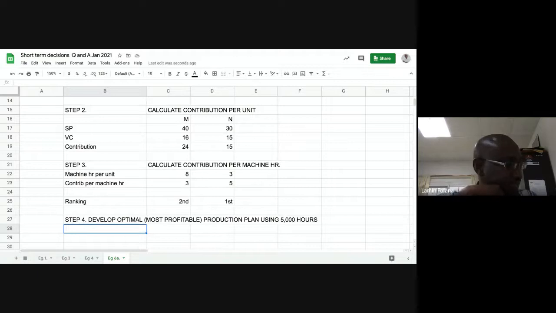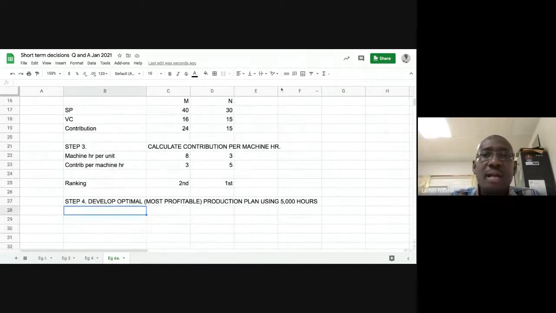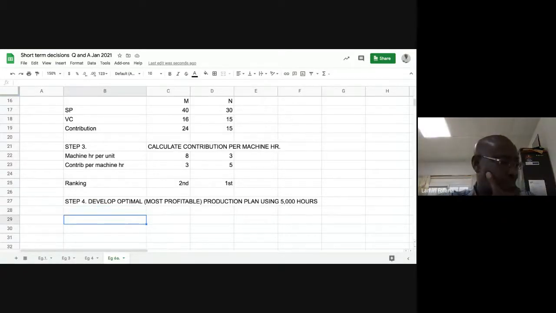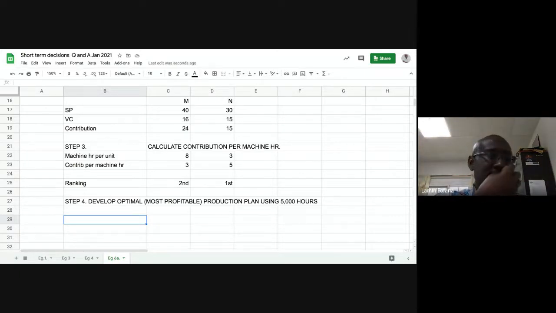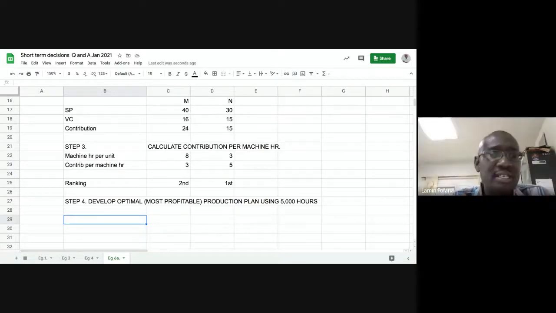Okay? Right. So we're going to do that together with our profitability. We're going to add step 4 and step 5 together. We do it in tabular form, which is usually easier that way.